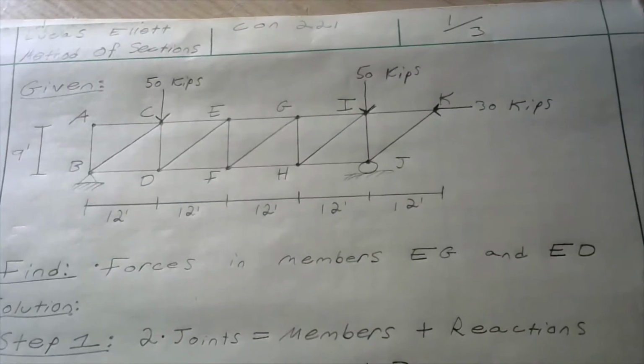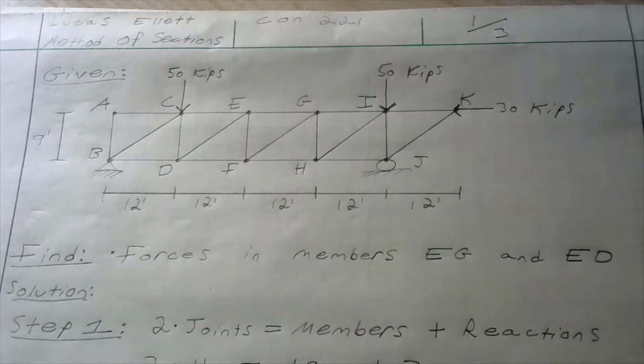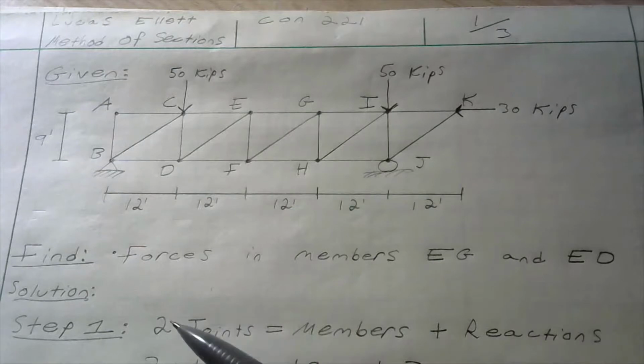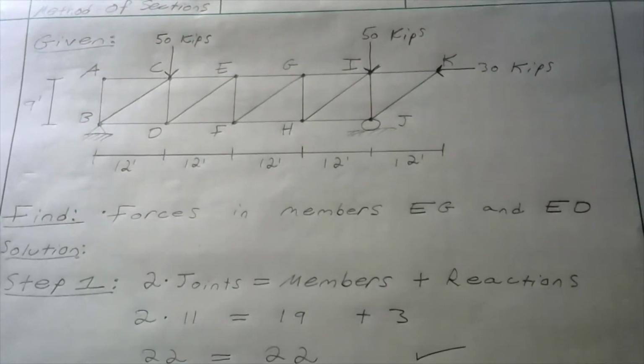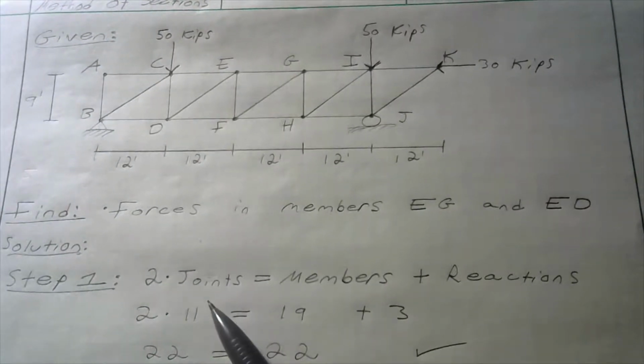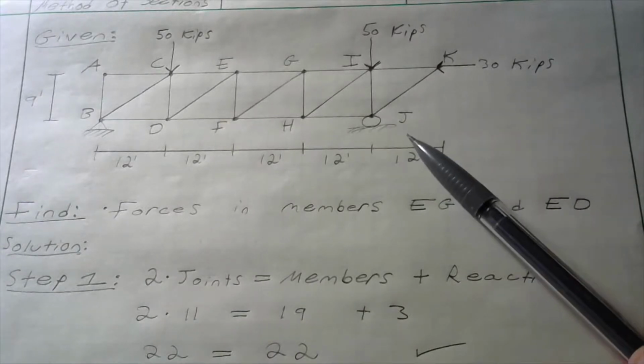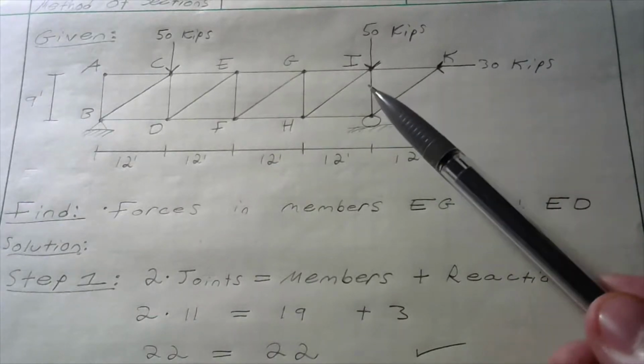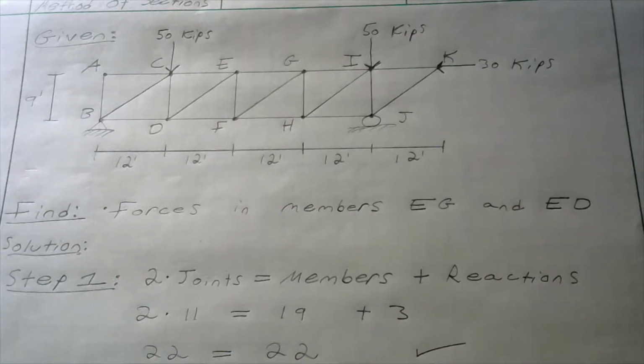So our first step is to determine if it is statically determinate. Use this formula: 2 times the number of joints should be equal to the number of members plus the reactions. You've got 11 joints, and remember that each letter represents a joint, so there's 11 letters.